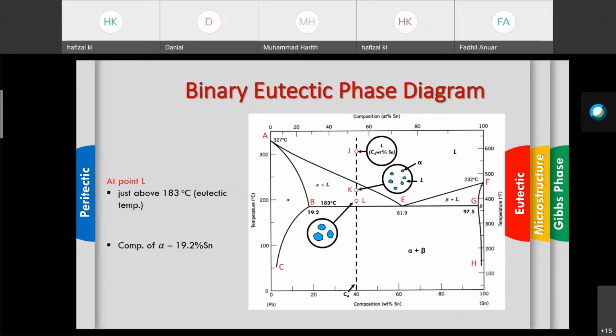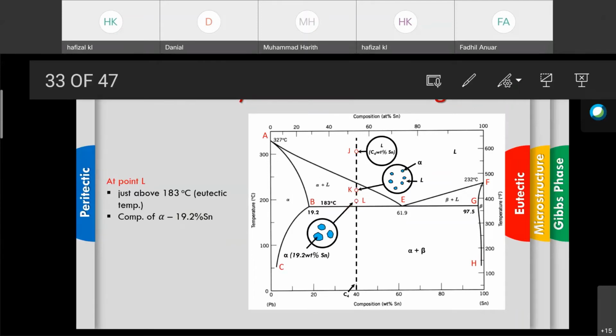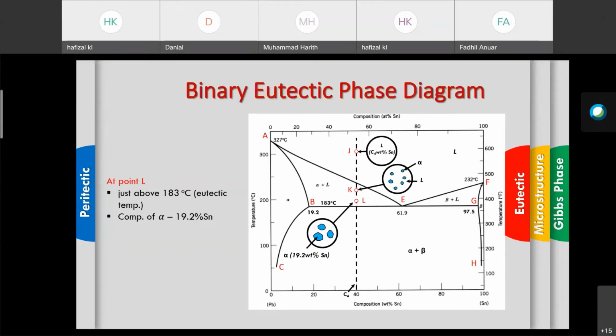At this point, we can project the composition. Okay, at this area, we can see it's slightly higher temperature at 183, maybe 184 or 183.5 or something. Okay, from there we can make a tie line here to project a horizontal line.